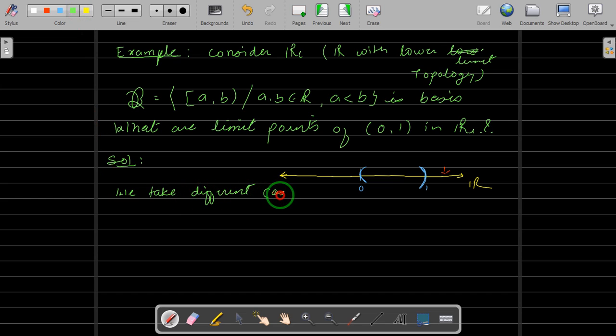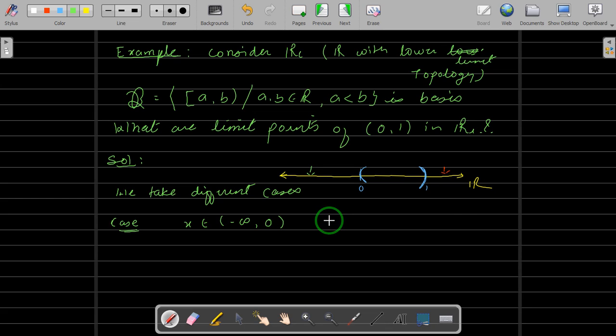First case: let us take a point on this side, less than 0. So x belongs to (minus infinity, 0), we will not include 0. Then we will take further cases, and if you want you can plot the two cases together.